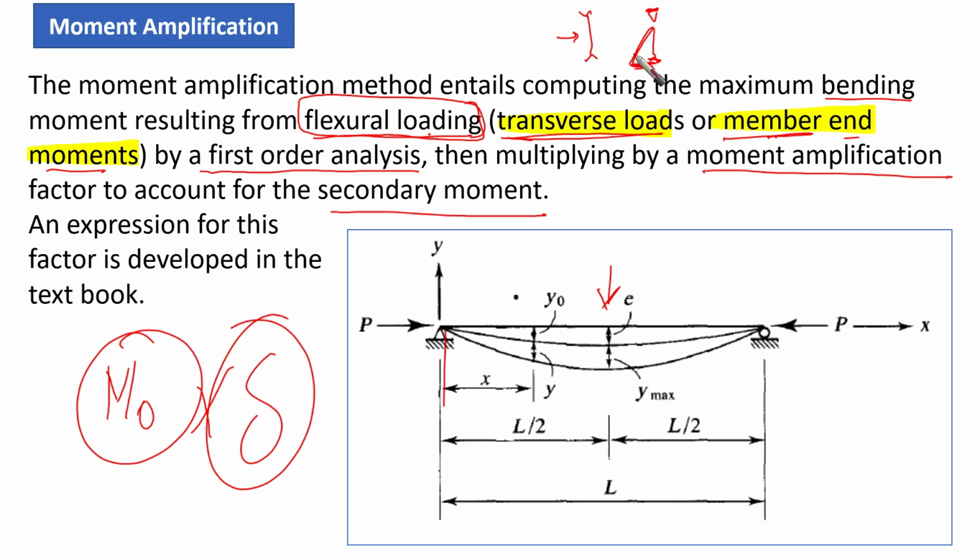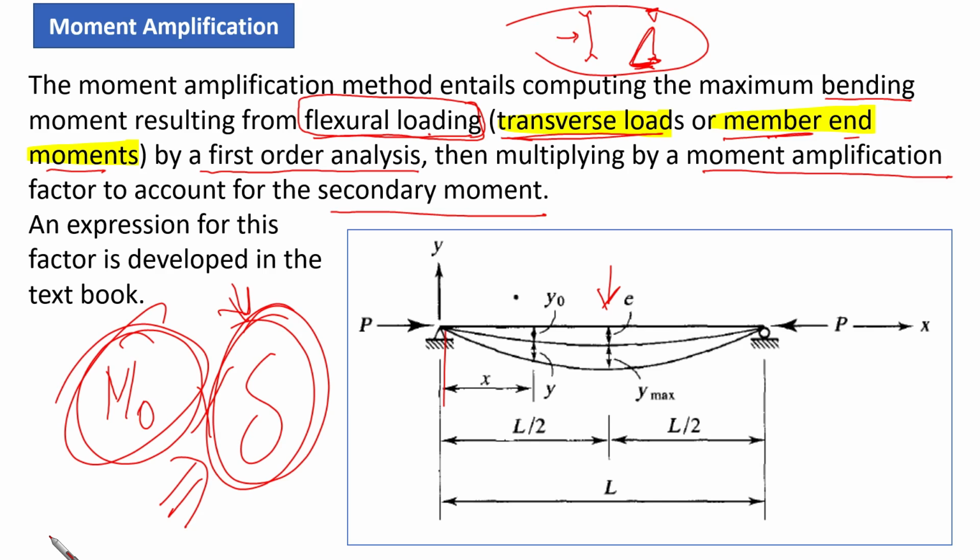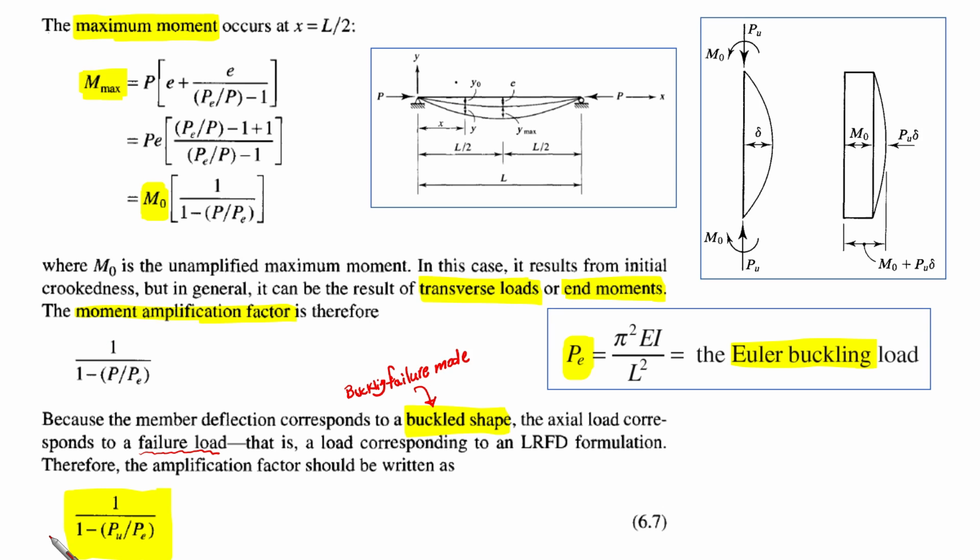It is used because it's simple. Our main focus is how we can obtain this delta. We are not going to make any second order analysis, it's done for us because we are going to amplify the existing ones. Now let's see how we can obtain this moment amplification factor.